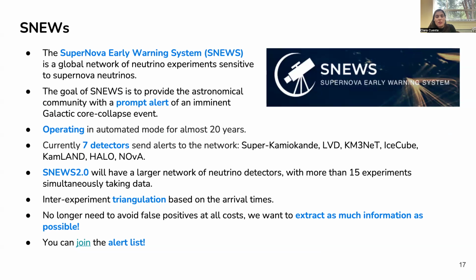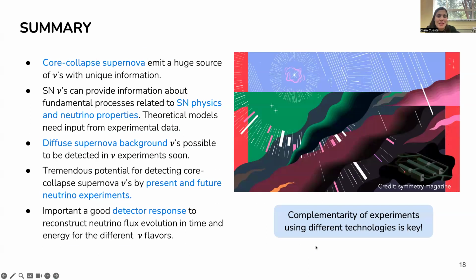What we want to prioritize is to share as much information as possible, so alerts can be sent so that one false positive per month is allowed. You can join the alert list at this link and get an email if there's a warning.